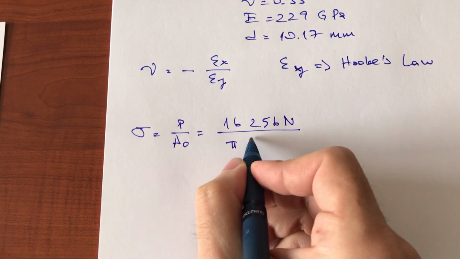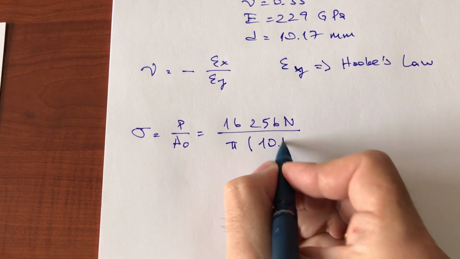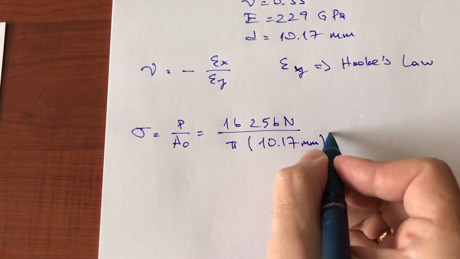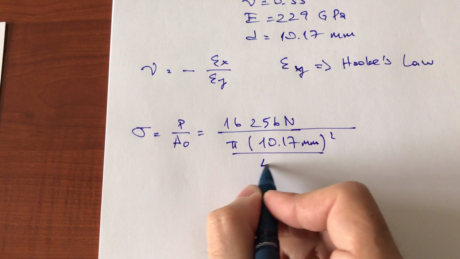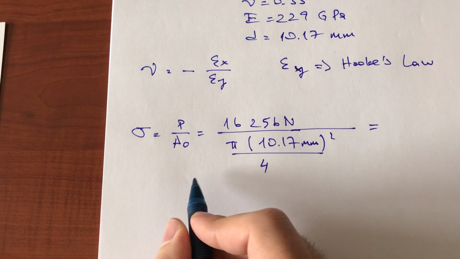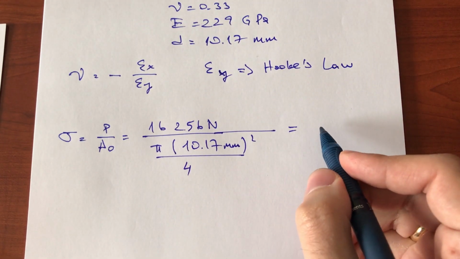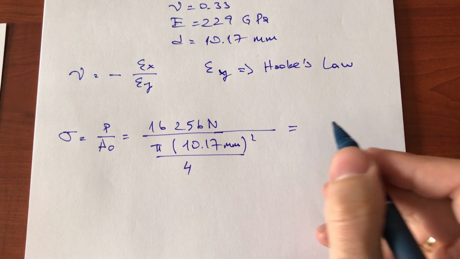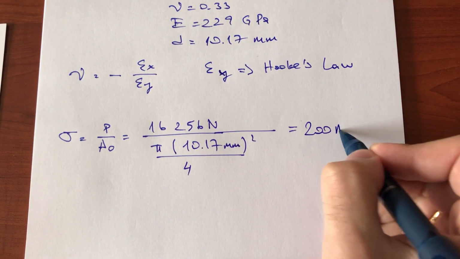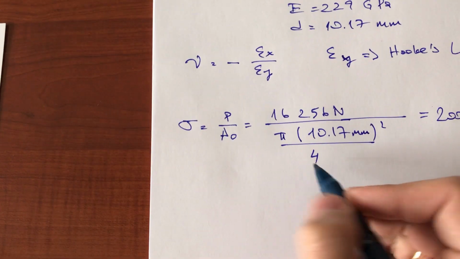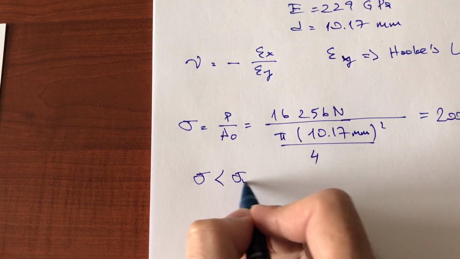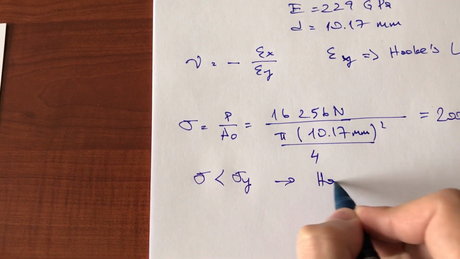A0 has to be calculated. We know the diameter as 10.17 millimeters. So if you calculate this value, this is going to be around 200 megapascals. So our applied stress is below yield strength. That means Hooke's law is valid.